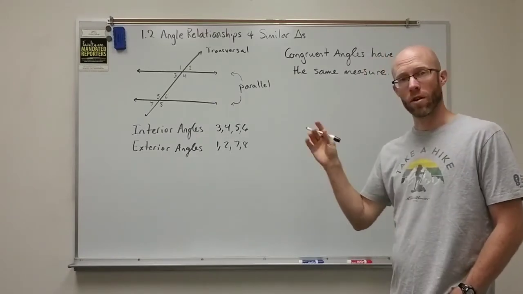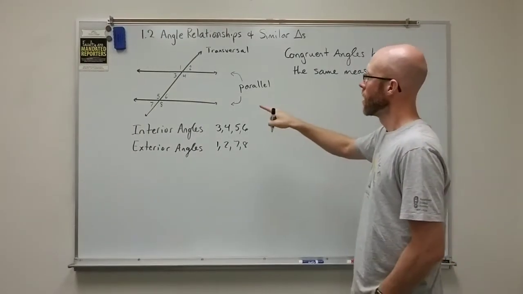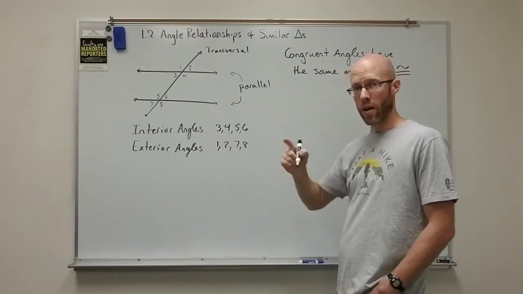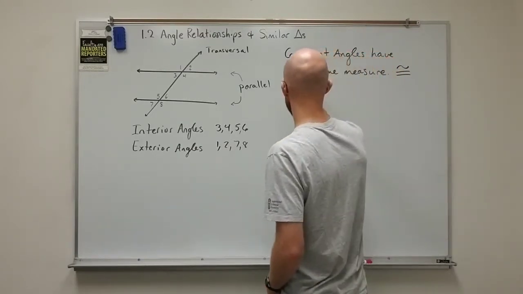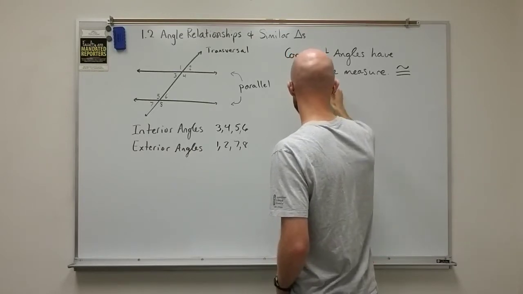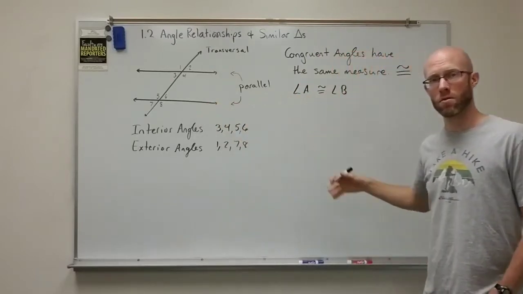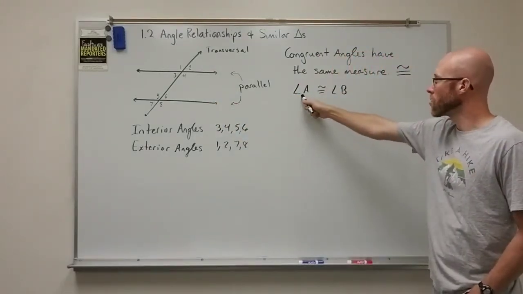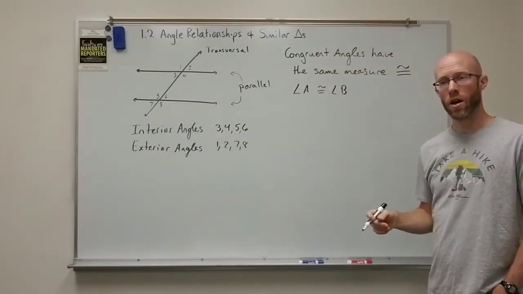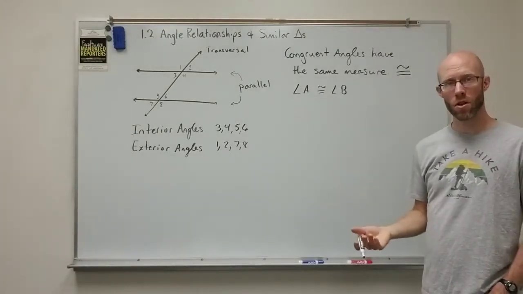And one other thing along those lines, if you know that two angles are congruent, let's say angle A is congruent to angle B. Now I don't have A and B up in this diagram, I'm just giving you some notation. If you knew that two angles were congruent to each other, that really just means that their measures are the same.